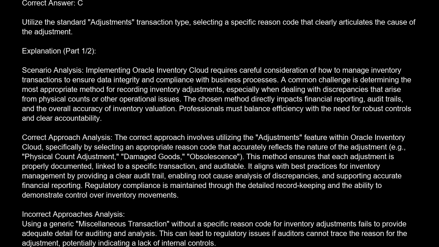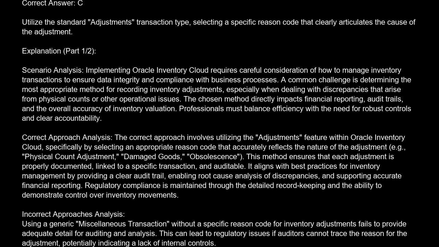A common challenge is determining the most appropriate method for recording inventory adjustments, especially when dealing with discrepancies that arise from physical counts or other operational issues. The chosen method directly impacts financial reporting, audit trails, and the overall accuracy of inventory valuation. Professionals must balance efficiency with the need for robust controls and clear accountability.